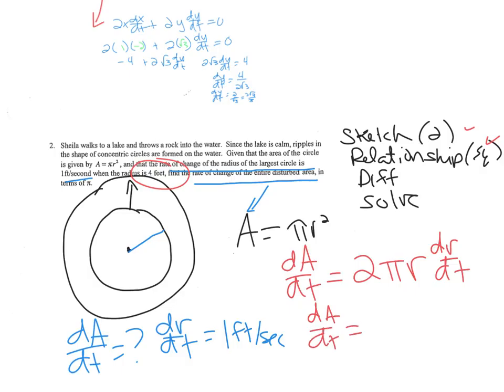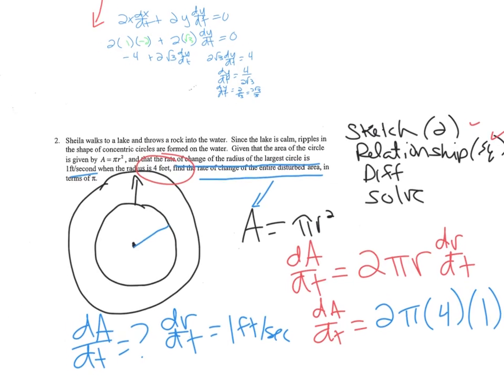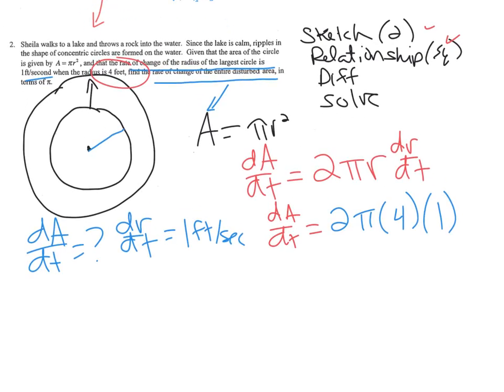So we obviously know 2, and we know pi, and we were told that the radius is 4 at one particular moment, and that dr/dt is changing at a rate of 1 feet per second. Although I don't have to list my units, it's not a bad idea to mentally double check that they're all working out. And we end up with 8 pi.